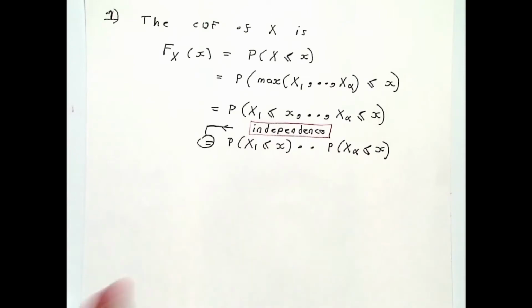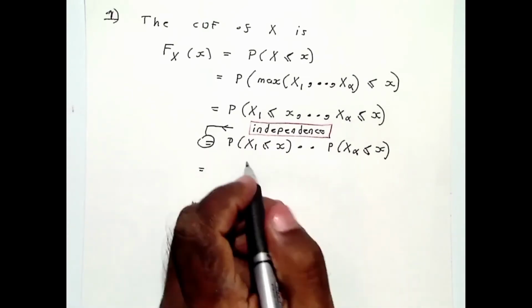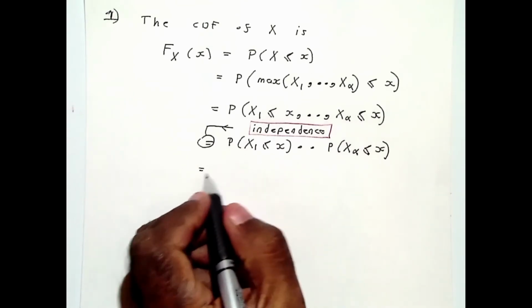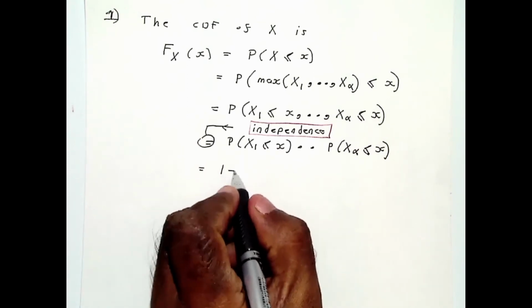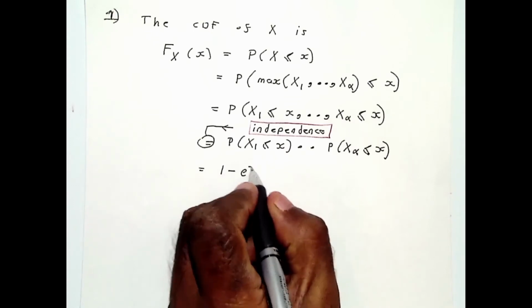Now, in the next step, we are told that X1 to X alpha, each of them is an exponential random variable with parameter lambda. I'm sure you guys know the CDF of an exponential variable.